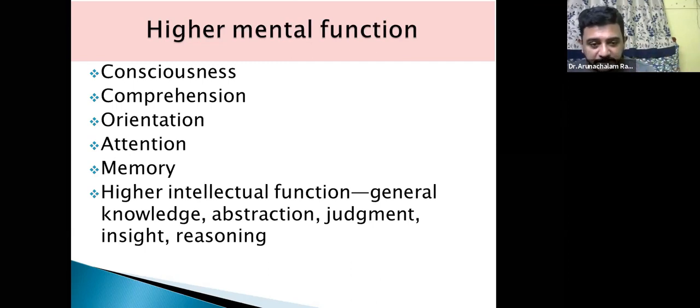So the higher mental functions, the most ignored part of physiotherapy management, have a significant influence on the management. Apart from that, you have the intellectual capacity, decision making, calculation, and then the reasoning part. All those things are also higher mental functions.